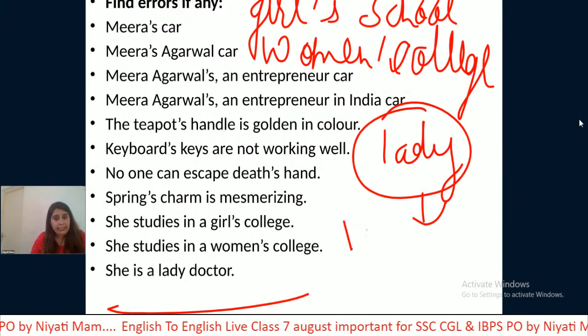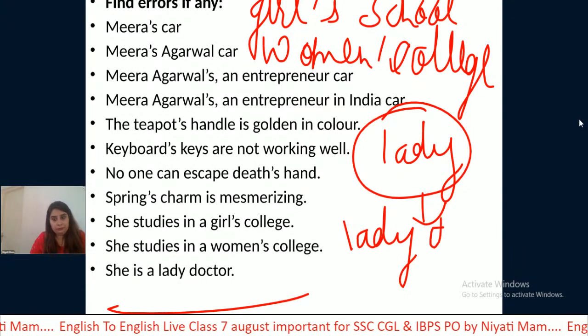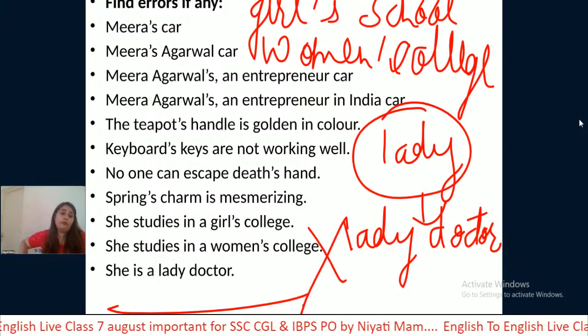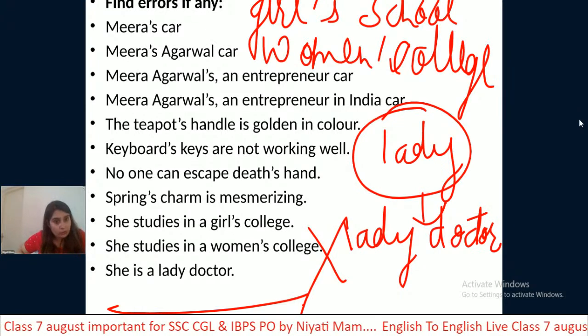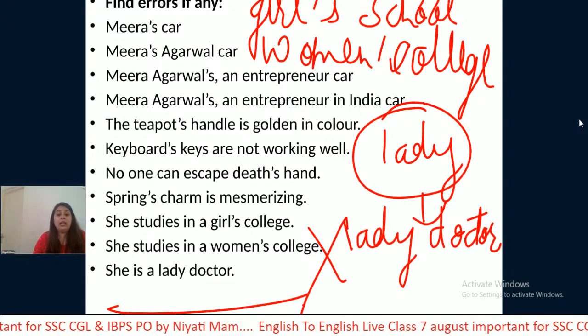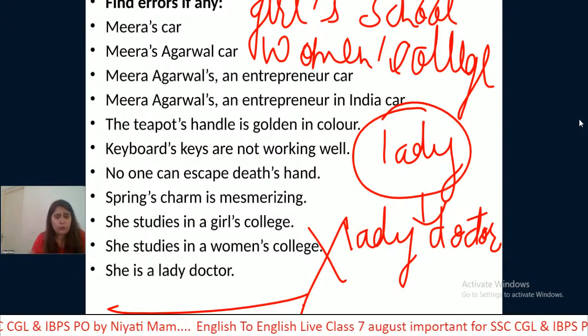So lady doctor is always a wrong phrase. Lady doctor is always and always a wrong phrase. The correct word should be, there are two possibilities.